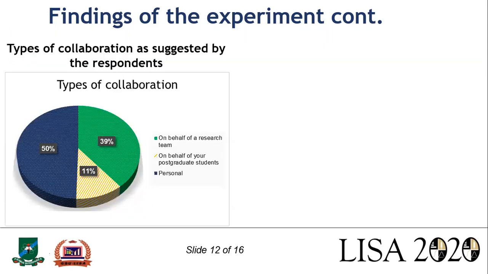So we also inquired about the collaboration they are coming to us for. Some said they are coming on behalf of a research team, some claimed they are coming on behalf of their PhD students, and some said they are coming based on their personal research.